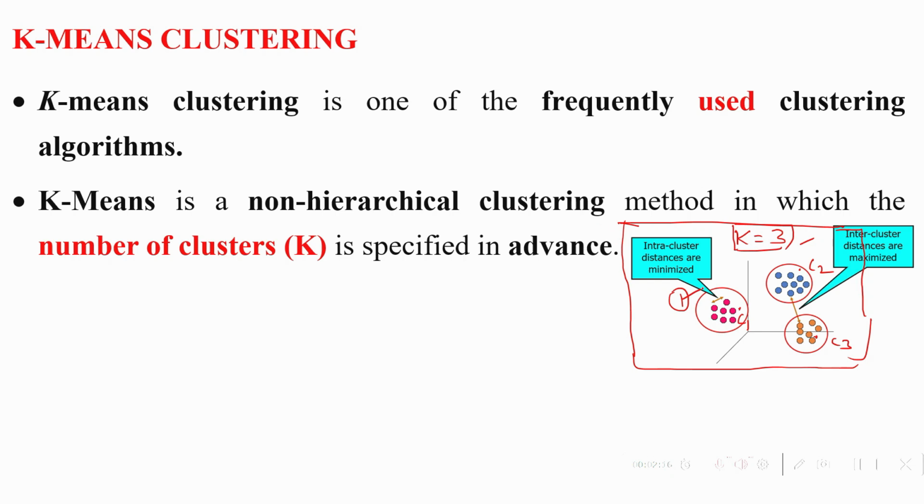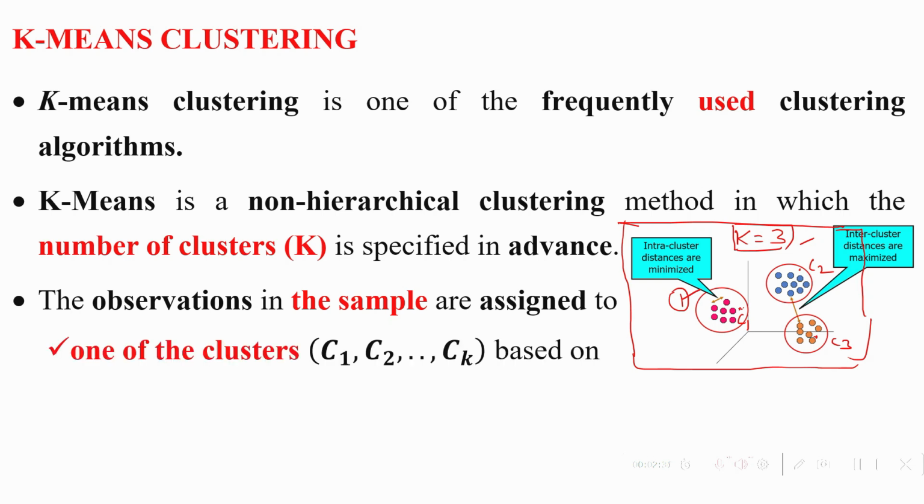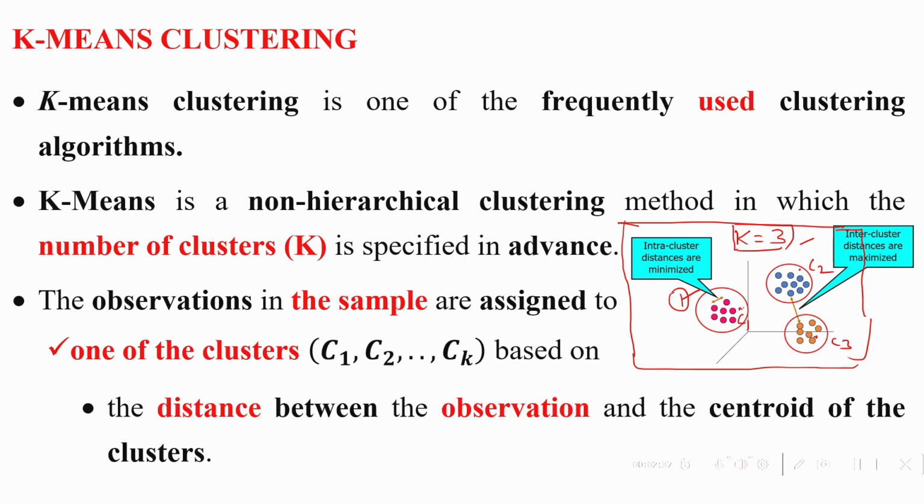The elements that are very close to centroid 1 belong to the corresponding cluster. So the observations in the samples are assigned to one of the clusters C1, C2, up to CK based on the distance between the observations and the corresponding centers.